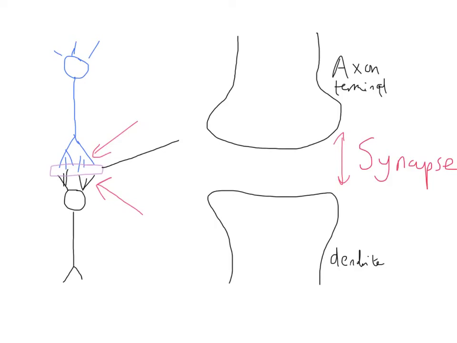Now we need to put in a few key structures. So I'll draw these in and then I'll explain exactly why I'm drawing these in. Okay, so what I've drawn in this top part of the picture is these vesicles.